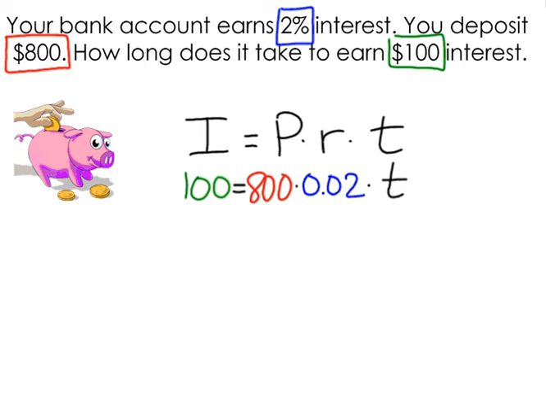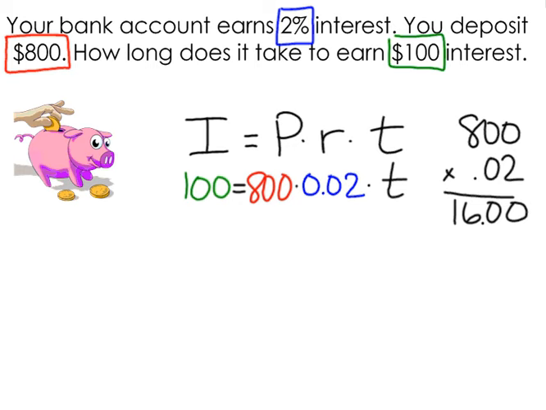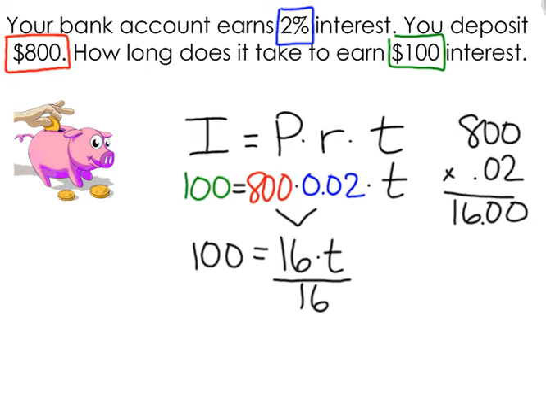All right, I'm going to go ahead and multiply 800 by 2/100ths. So that's going to come out to 16. I can place that back in my equation. And then to get T by itself, we will divide by 16 on each side.